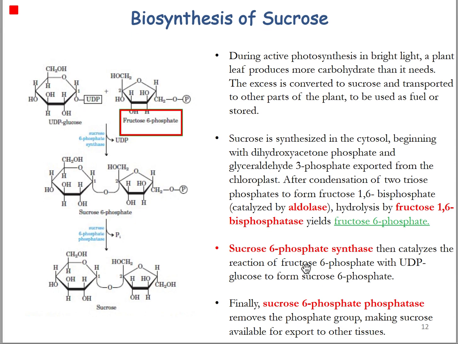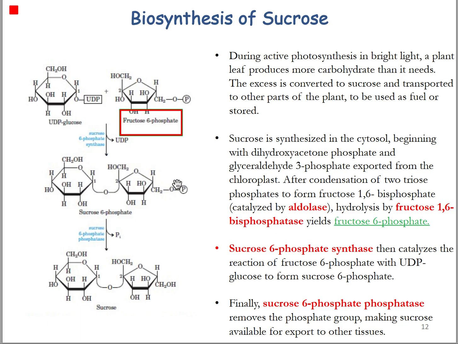Sucrose biosynthesis: we know sucrose is glucose and fructose. Sucrose synthesis begins when UDP-glucose donates its glucose molecule to fructose 6-phosphate, catalyzed by sucrose 6-phosphate synthase, and produces sucrose 6-phosphate.